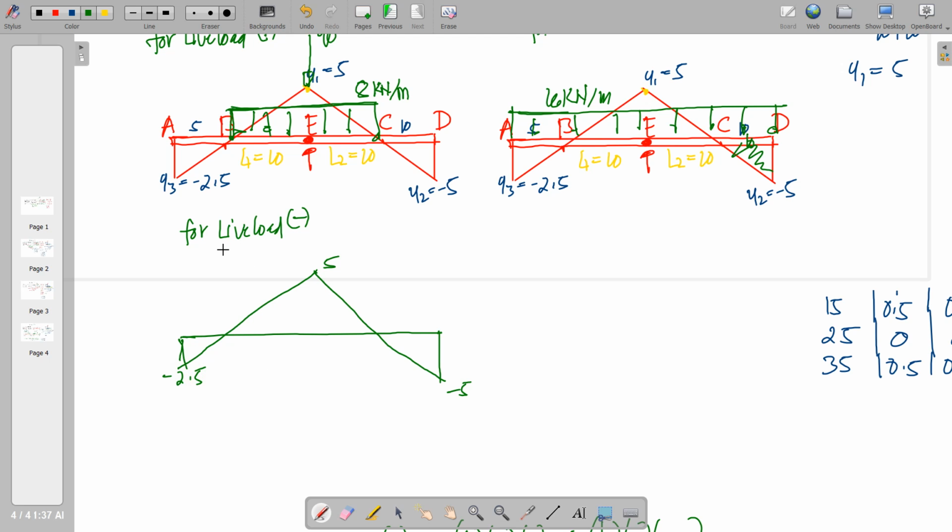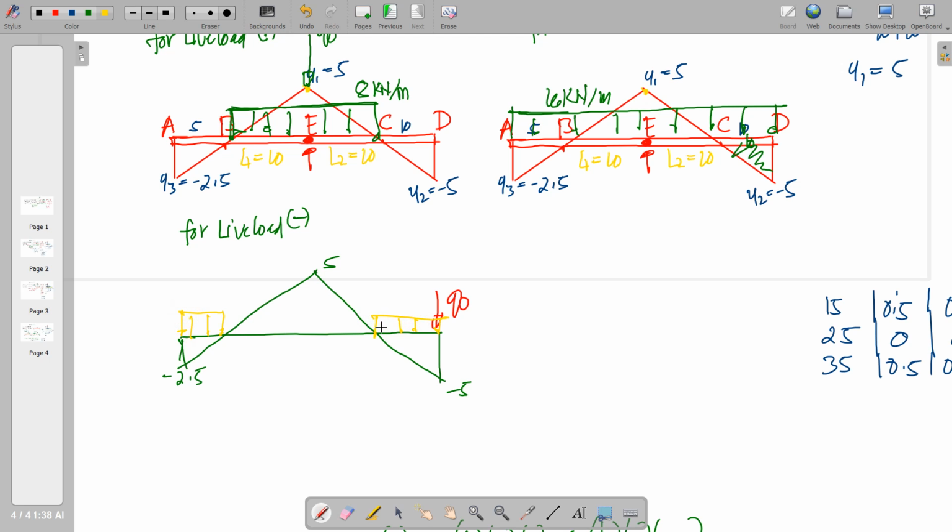So when we have live load minus, let us place here the 90 on the maximum value of the negative. Secondly, the distributed load will be placed on the negative areas.